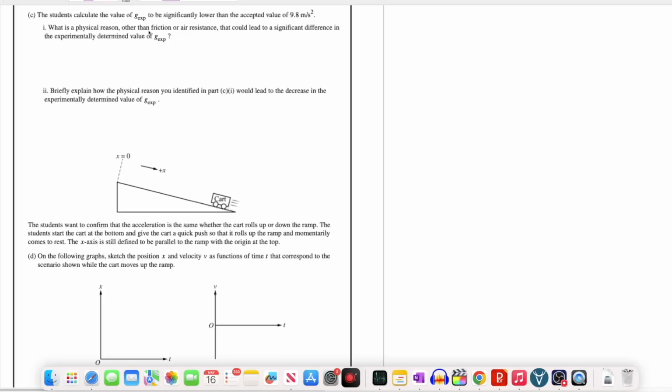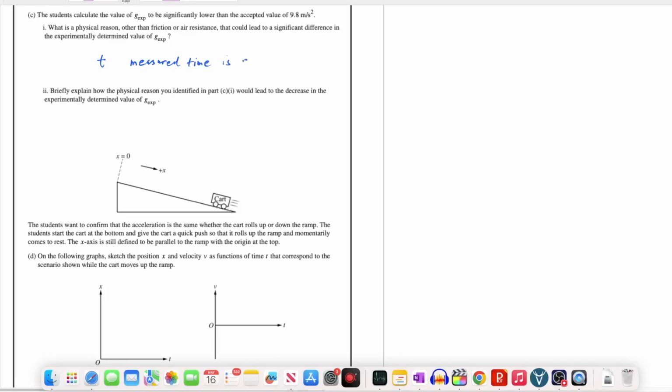So other than friction, which definitely can make the acceleration smaller, another reason could be that the value of a might be wrong. For example, the measured time t is not correct.